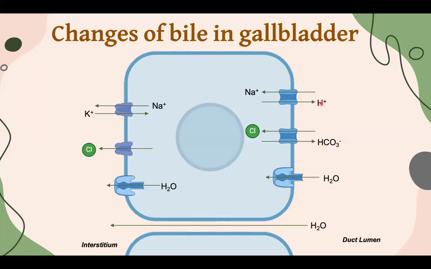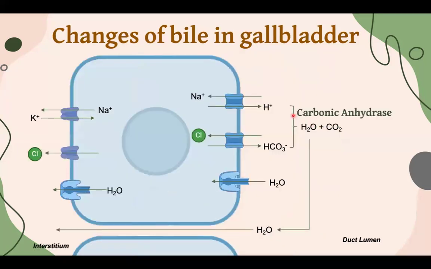Like I said, hydrogen and bicarb get released into the duct. What happens to these two? They combine through an enzyme called carbonic anhydrase to form water and CO2. The water moves paracellularly and gets absorbed. Another thing that happens is that the gallbladder makes the bile more acidic.